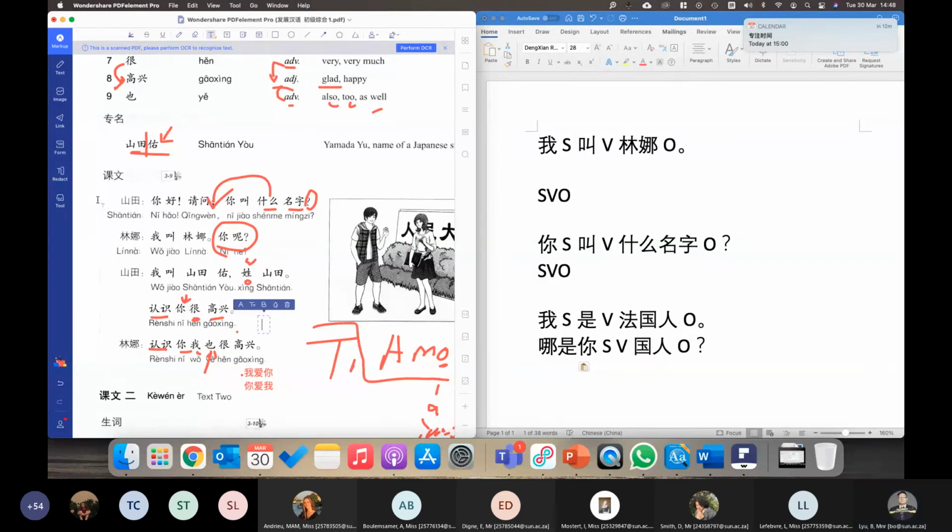Repeat after me. 你好, 请问你叫什么名字? 我叫琳娜, 你呢? 我叫山田佑, 姓山田. 认识你很高兴, 认识你我也很高兴. Second time, normal Chinese speed. Okay.